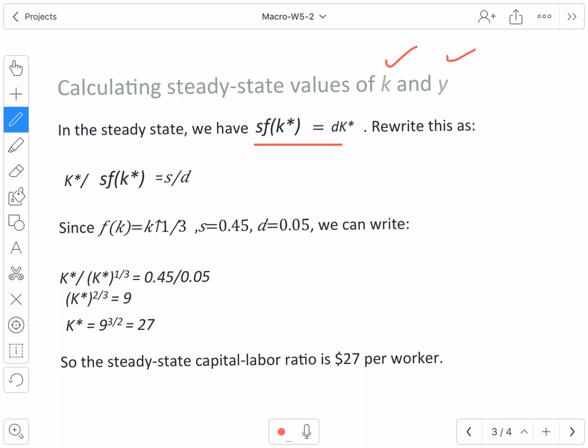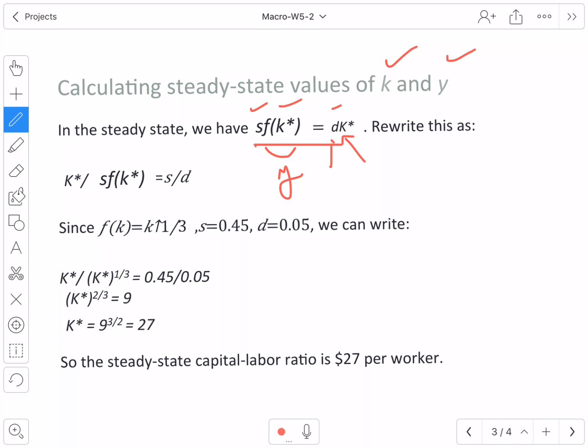And the question will give you all the information, and one is going to be unknown that you need to solve for. So you're given that the saving ratio multiplied by f of k, which we call y, is equal to a depreciation ratio multiplied by k star.